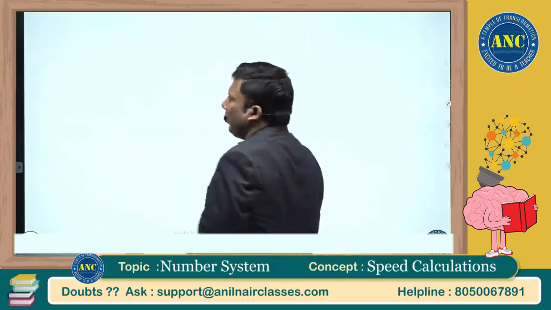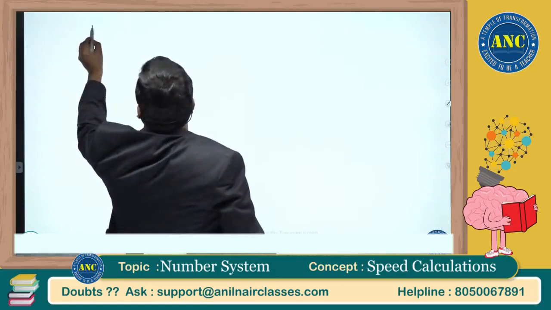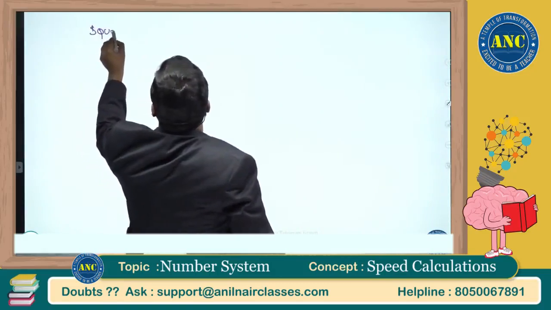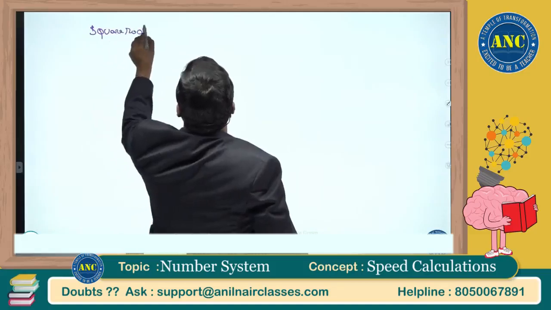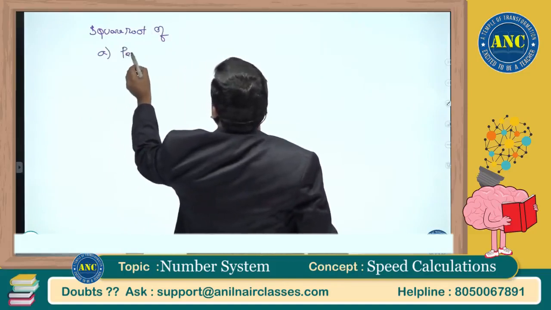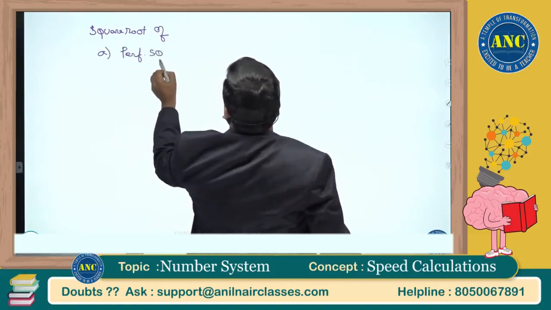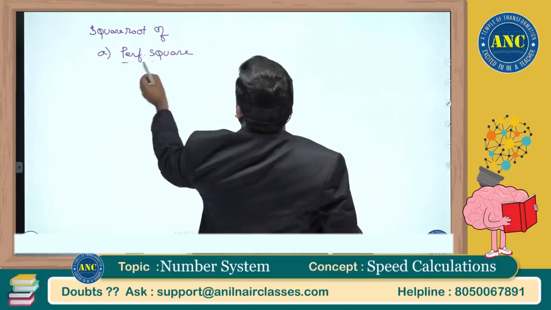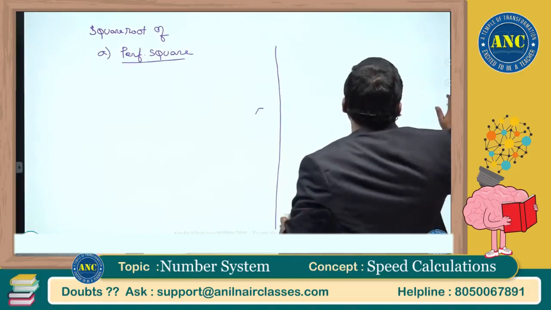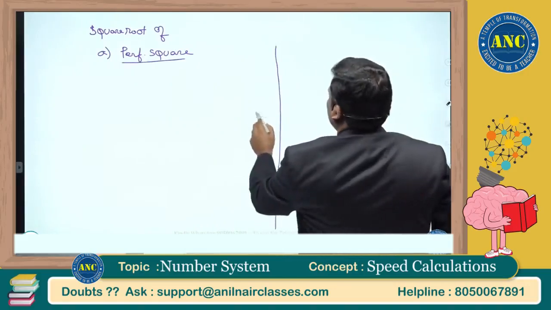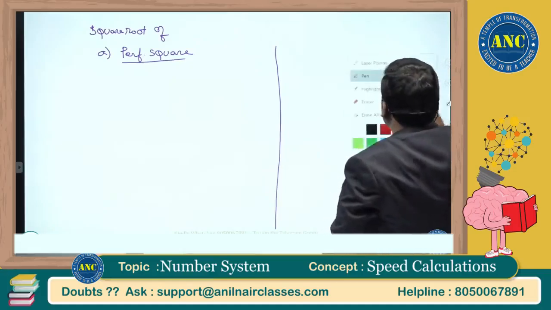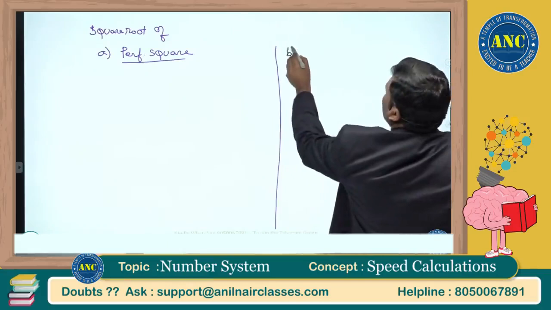Now we will do 5 to 6 problems. How to find out the square root of a perfect square, and also how to find out the square root of a non-perfect square.